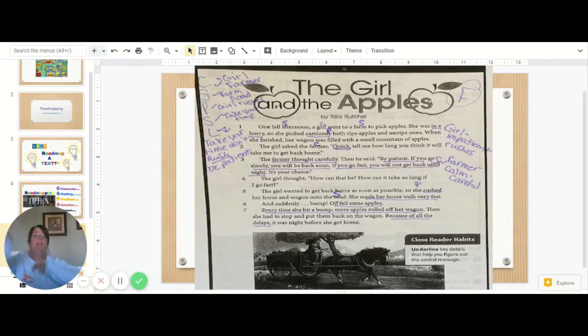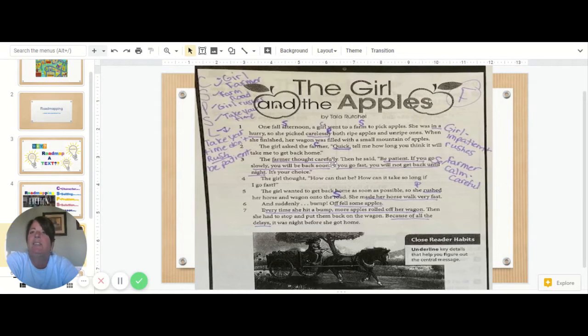The girl asked the farmer, again, that's another character. There's another time. She was moving in a hurry, she was careless, and now she's saying to the farmer, quick, tell me how long you think it will take me to get back home. The farmer thought carefully. Now, underlined because this is giving us a little bit of an insight or clue about the farmer. Then he said, be patient. Again, this is telling me a little bit about the farmer.